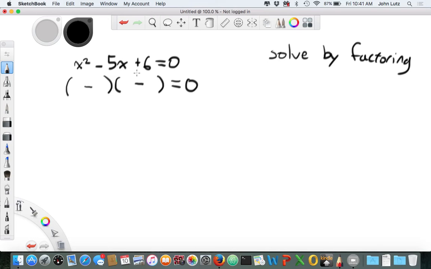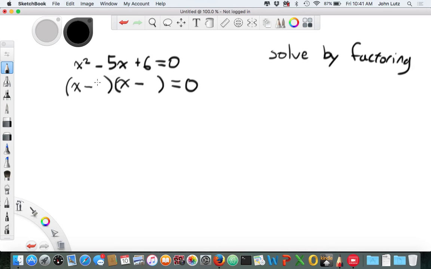Whenever the second one is plus, these need to match. So you just need to look at the first one to see which one they're going to be. These are going to both be x's because my leading coefficient is 1. And so I just need to figure out what two numbers multiply to give me 6 and add to give me negative 5.